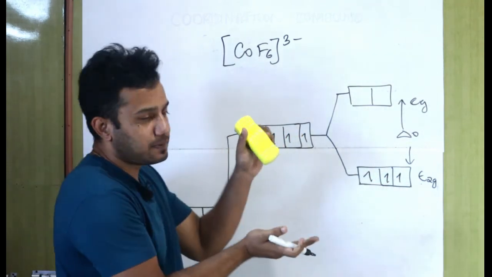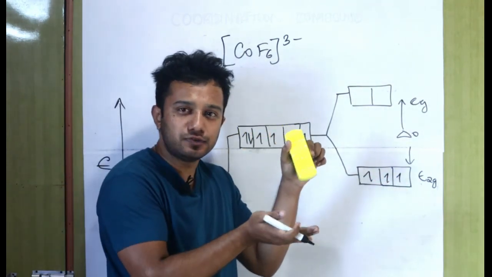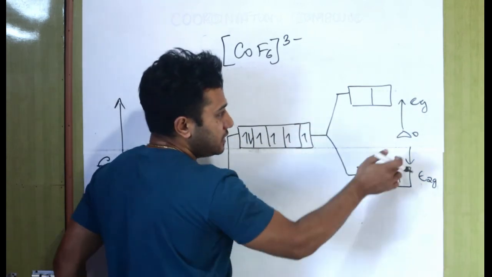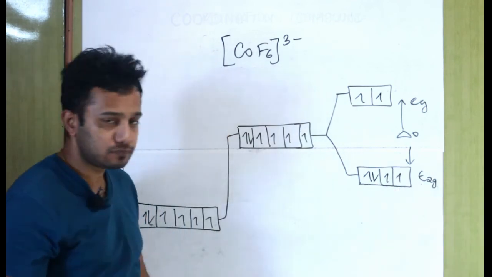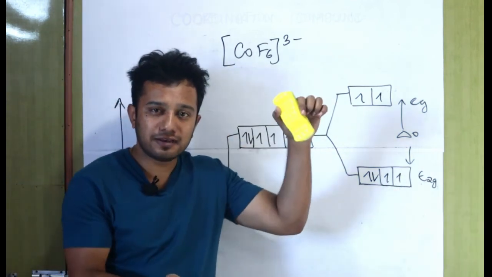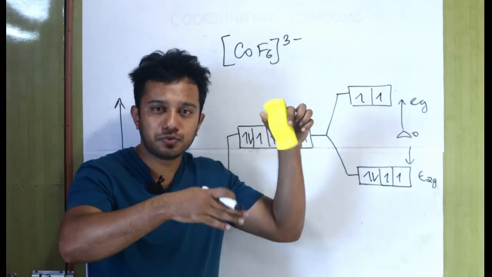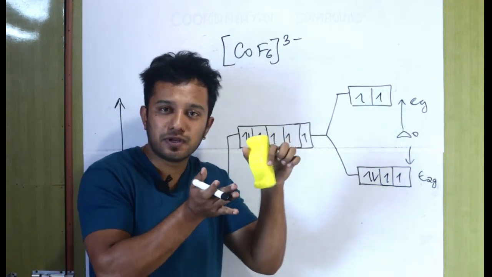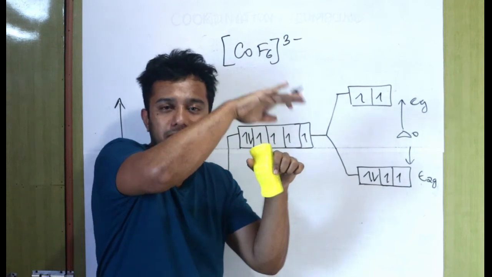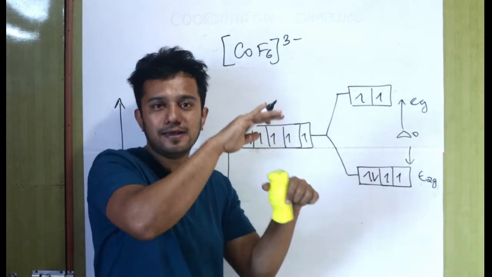Since the energy gap is smaller, after filling T2g the electrons will jump to Eg, 3, 4, 5, and again come down for the 6th. So in a strong field ligand, the electrons will pair up in T2g, whereas in a weak ligand, the first 3 electrons enter T2g, then jump to Eg, come down to T2g again, and then Eg.